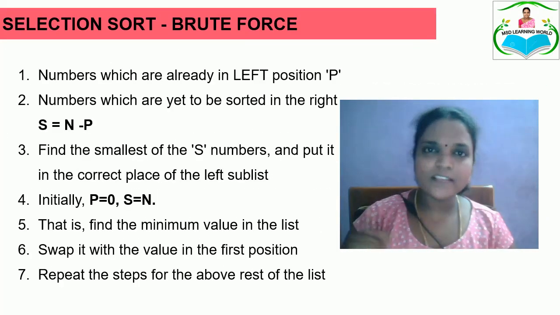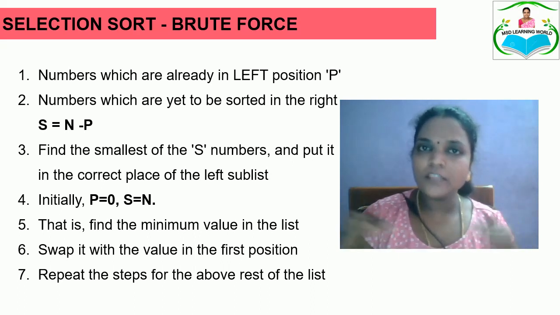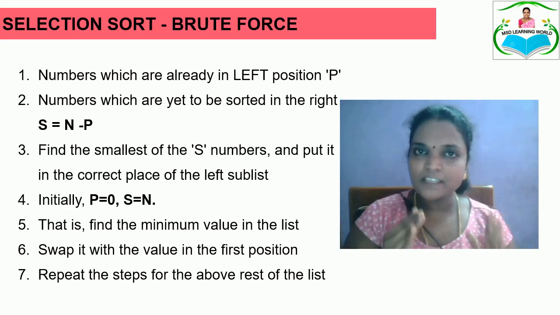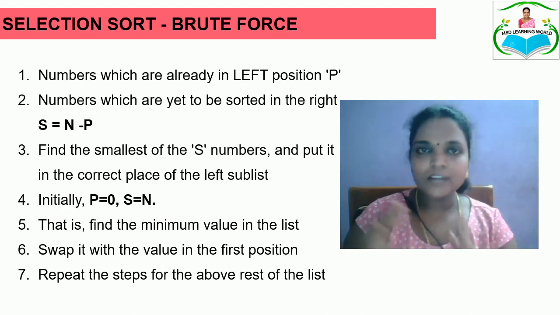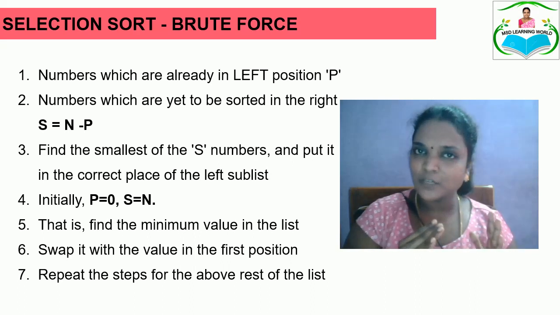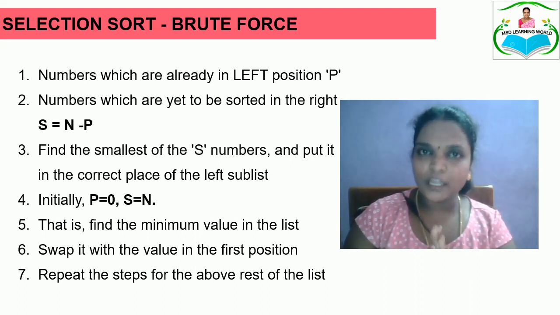The steps in the selection sort by the brute force approach are as follows. Initially, all the elements, that is n number of elements in the array, are not sorted. Now initially it is going to assume the left sublist as P, capital P, and the right sublist as capital S. Initially P is equal to 0 and S is equal to n.